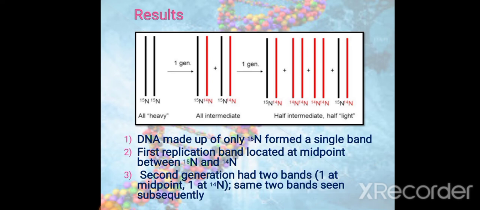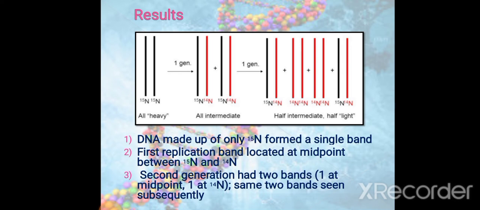Now if it is a dispersive mode, then no doubt there is also appearance of the intermediate, means these results are similar within the semi-conservative mode and also within the dispersive mode. But in the dispersive mode, there is only the appearance of the intermediate band, which is the mixture of both N14 and N15.